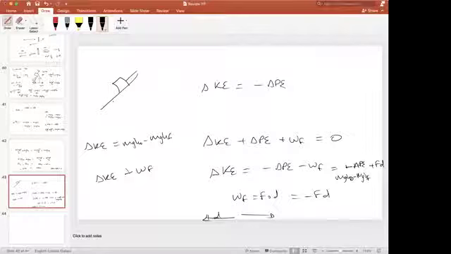Essentially what they're saying is without that force on there, how much faster would this thing be going, or how much greater would the change of potential energy be? Well, it would be greater by the work of that force. And the work of that force is FD, whatever that force happened to be times the distance it went down. I hope that makes sense. I know I'm tongue-tied today, and I'm sorry about that.